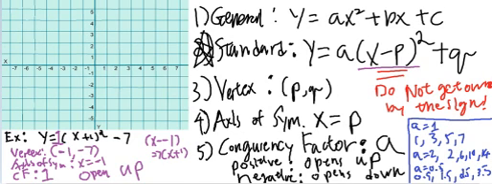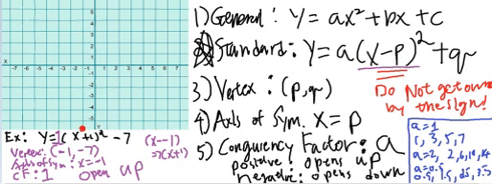Alright, let's use red. Let's do the vertex first: minus 1, minus 7. Hmm, there ain't no minus 7 here. I should probably have come up with another function, but let's just pretend this is minus 7, for the sake of the video.